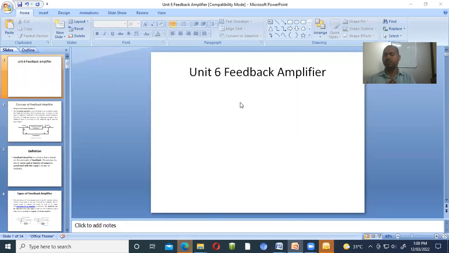For this, the unregulated power supply is required. In the unregulated power supply, we have seen the rectifier configurations, that is half wave, full wave, center tap, used for rectification. Rectification is the process that converts the AC voltage into pulsating DC voltage.